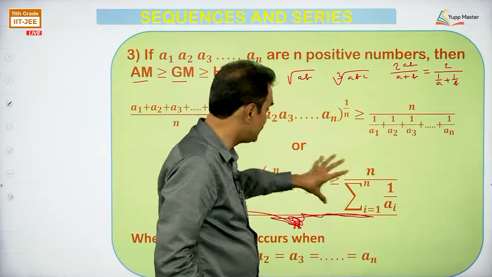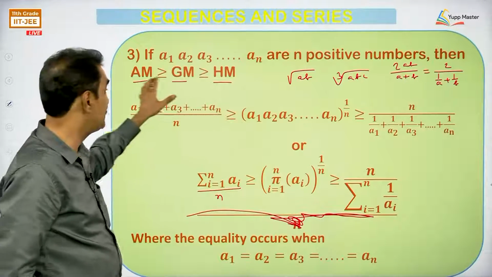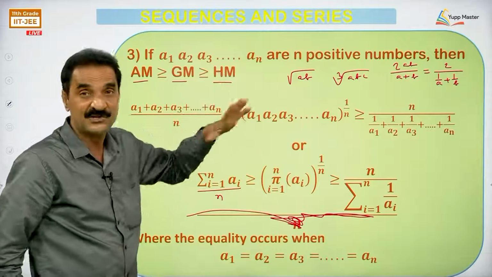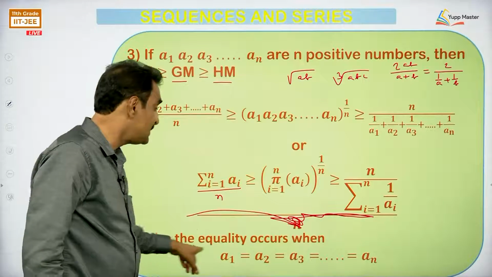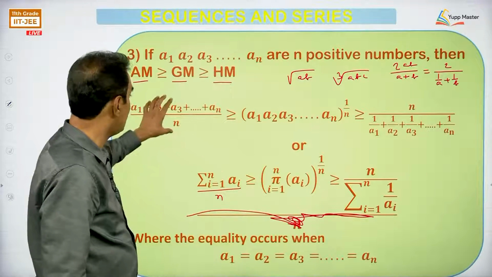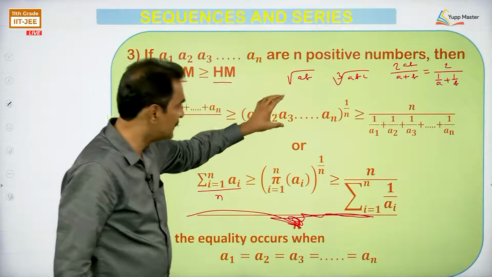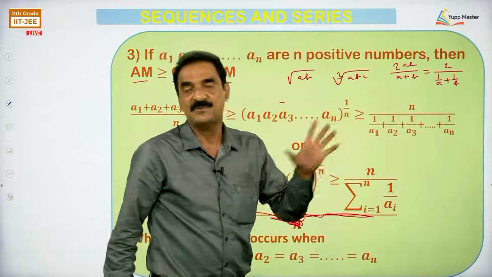This is harmonic mean, this is geometric mean, this is arithmetic mean. AM greater than or equal to GM, greater than or equal to HM, where the equality occurs when A1 is equal to A2 is equal to A3 and so on. Whenever AM is equal to GM, all numbers must be equal.